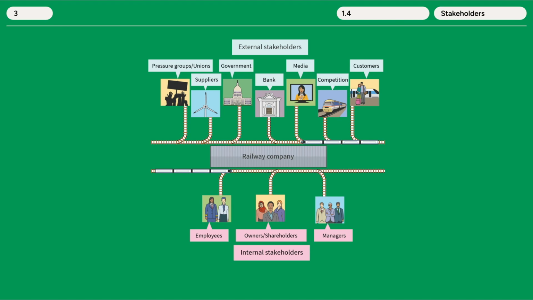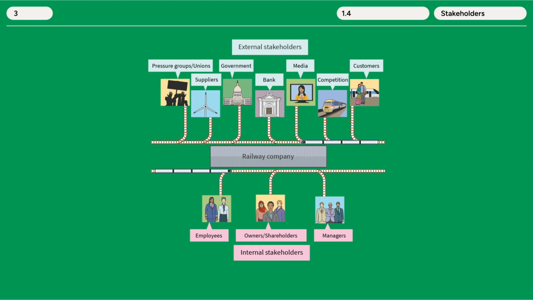So because all of these groups have an interest in the business's activities, the managers or the CEOs must consider them. For example, let's say that the CEO of a technological company is launching a new product, and they must consider different stakeholder groups because all of these groups have an interest in the business's activities.